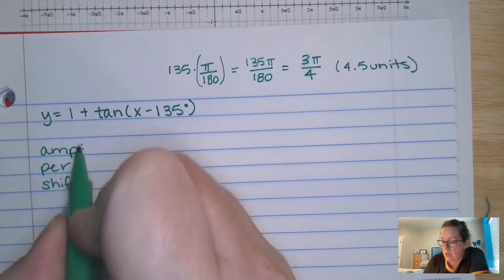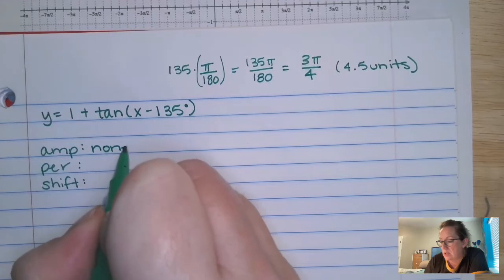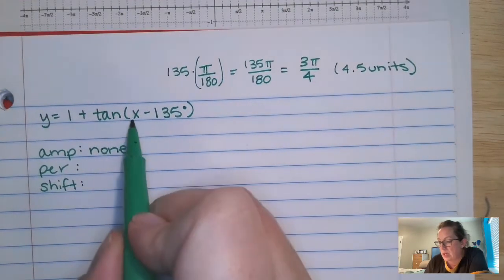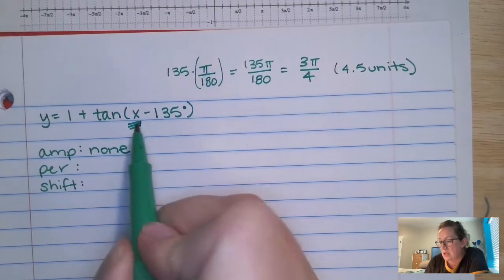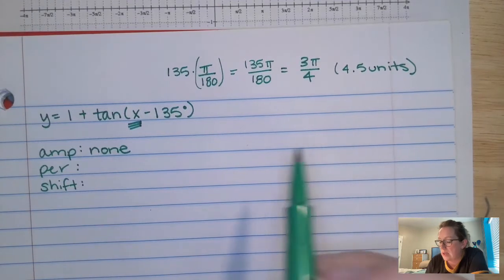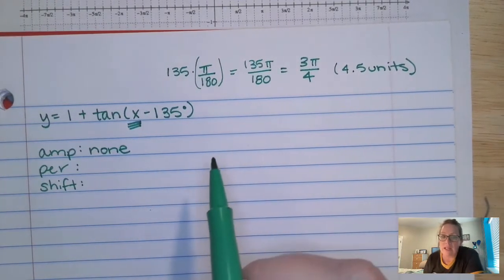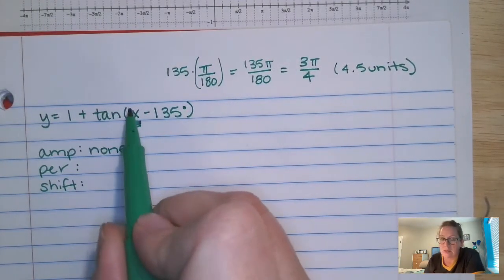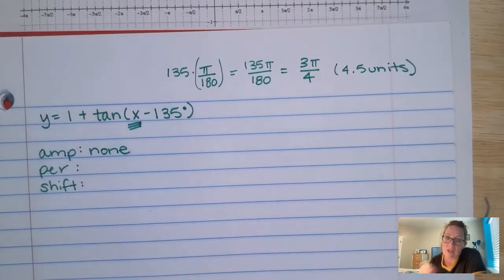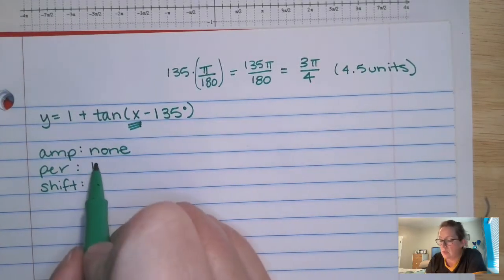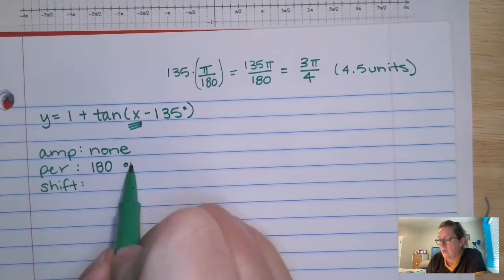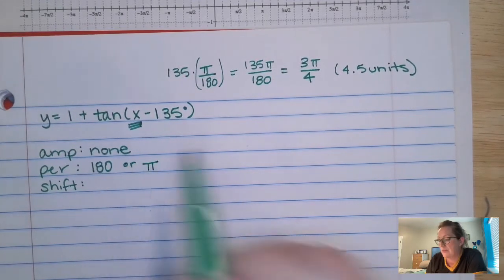So the amplitude, remember on tangent and cotangent, it's none. The period for tangent and cotangent is 180. I hope you said 180. 180 divided by whatever coefficient is with the x or the theta. In this case, it's 1. So our period is going to be 180 or just pi.